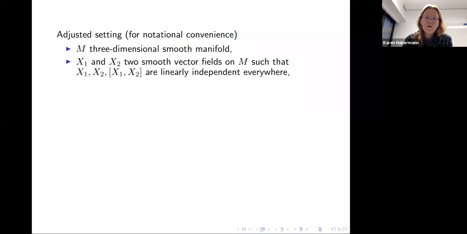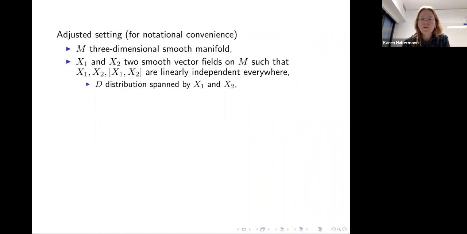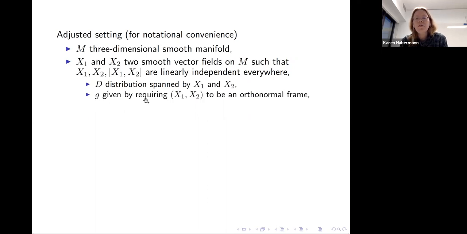We let D be the distribution spanned by X1 and X2. You can show that with this condition, D is indeed a contact structure. We let g be the fiber inner product which is uniquely defined by requiring this frame X1, X2 to be an orthonormal frame.